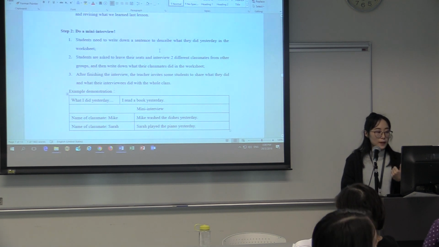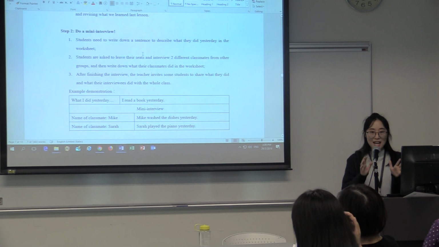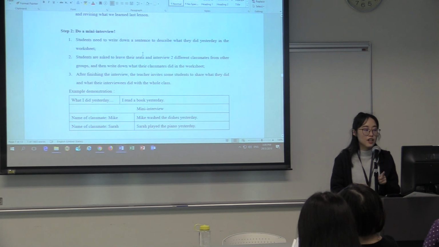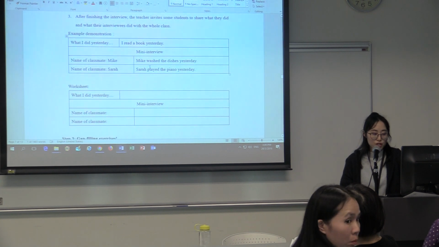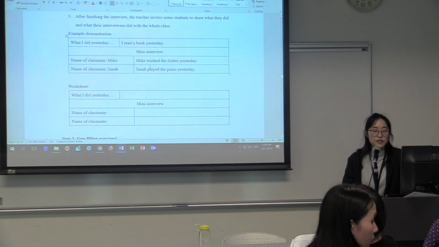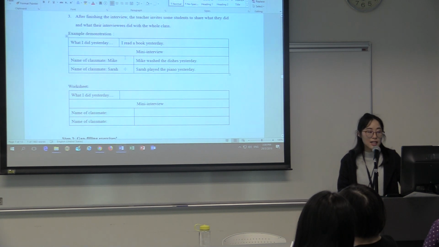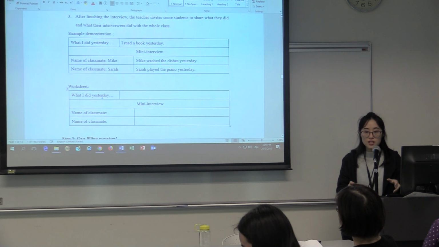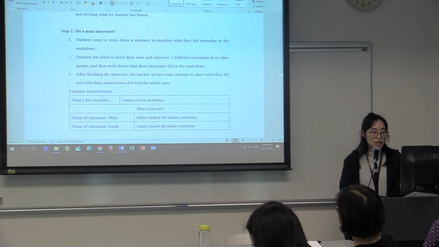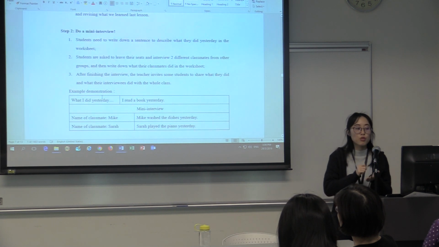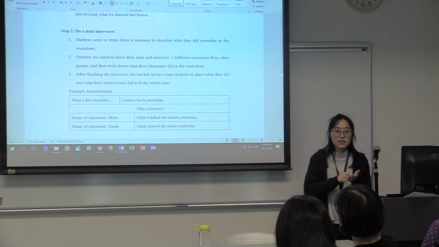So we design such activities. First, students get a worksheet like this. The first one is the demonstration from the teacher, and the second one is the worksheet the students have. Students need to write down a sentence to describe what they did.